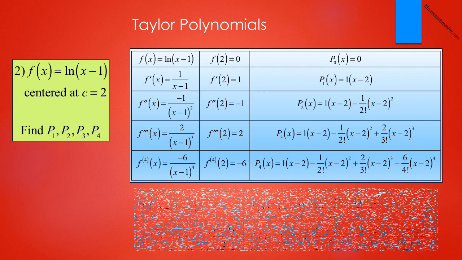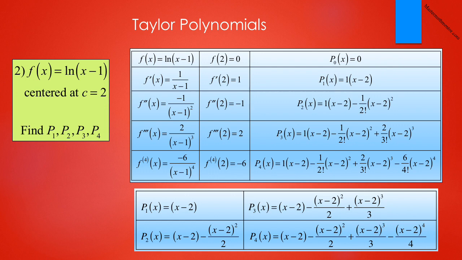We should simplify these Taylor polynomials. And in doing so, sometimes we can see a pattern. So the first degree Taylor polynomial is simply x minus 2. The second degree is x minus 2 minus (x minus 2) squared over 2.